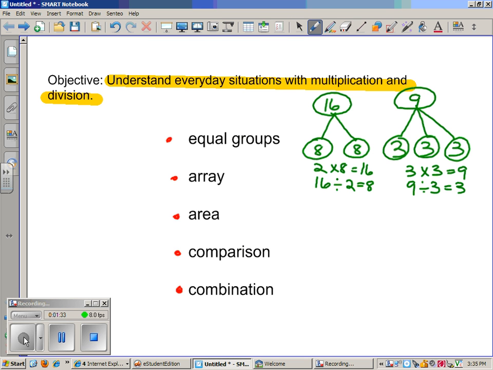And when we build an array, we're going rows by columns. So kind of putting things out there in a picture format and making that model. So maybe we have something of 2 rows of 6 plants. So we have 2 rows, and then in each row we have 6 plants.